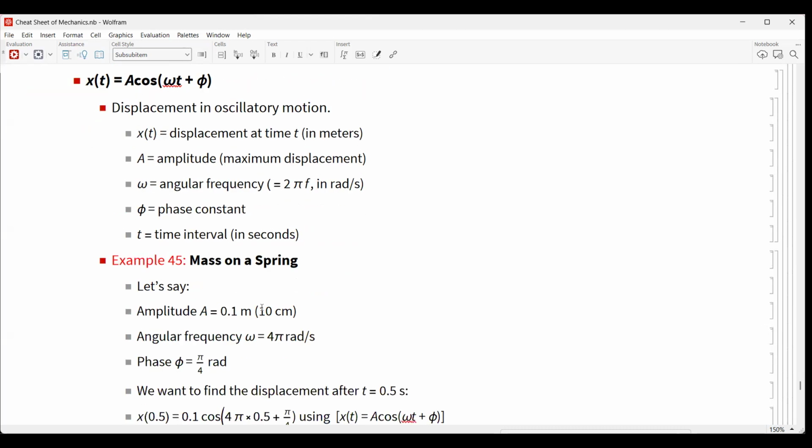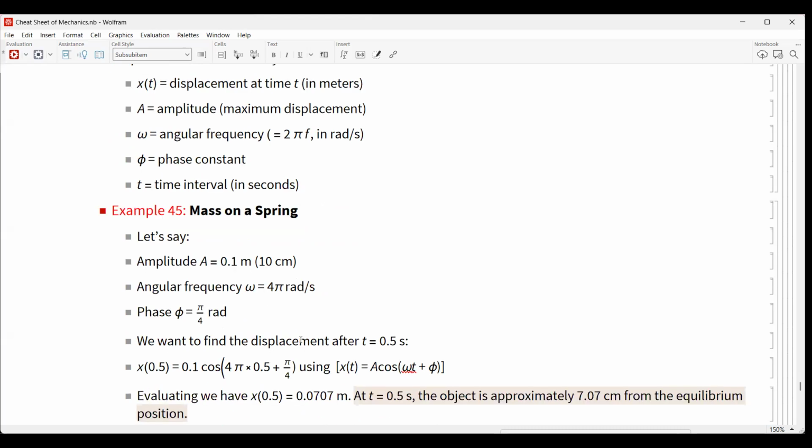The mass on the spring. So let's say the amplitude of the spring is 0.1 meter, 10 centimeter. The angular frequency is 2 pi radians per second. Okay. Then the phase angle is pi over 4 radian.